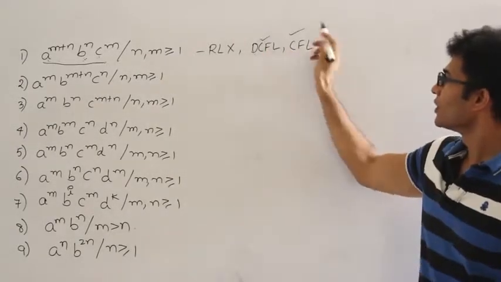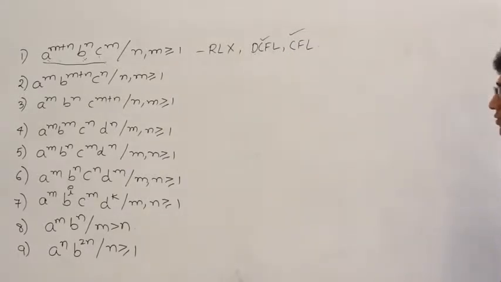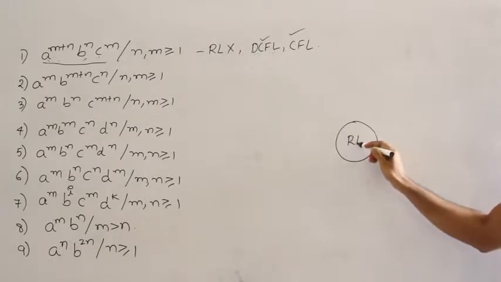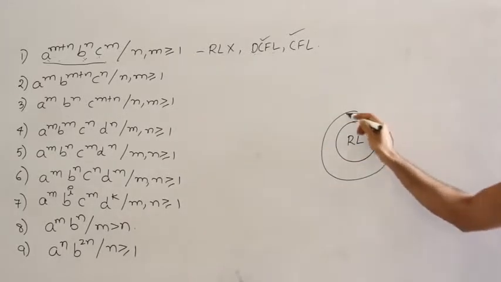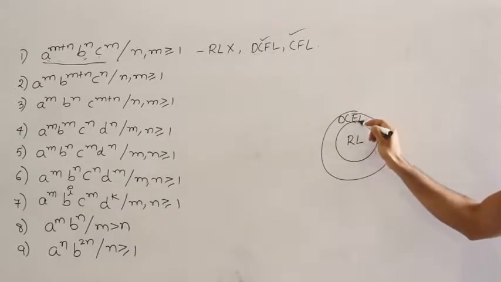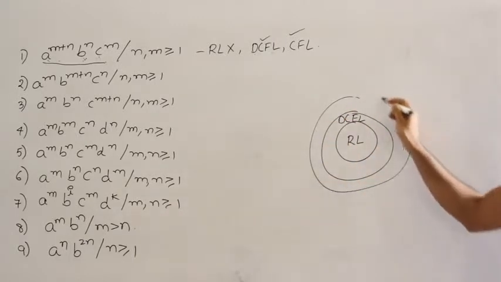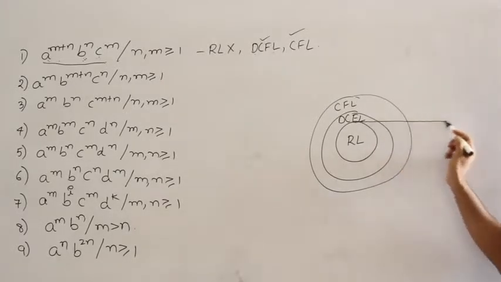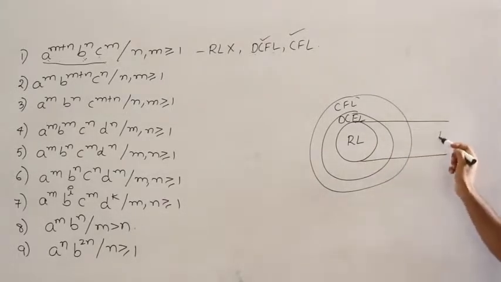Just to tell you the classification, we have regular languages, deterministic context free languages, and the set of all context free languages. If a language has a finite automaton, then the language is regular.